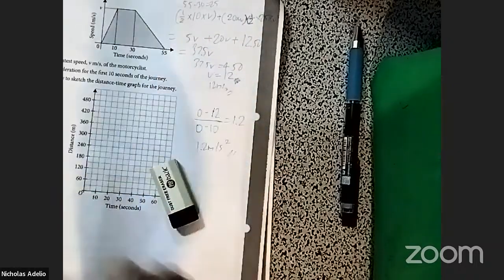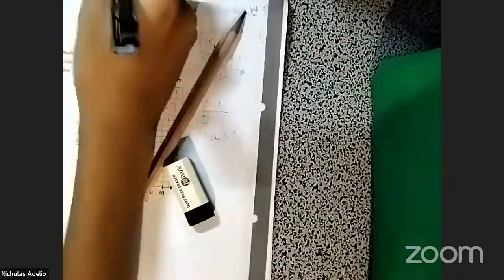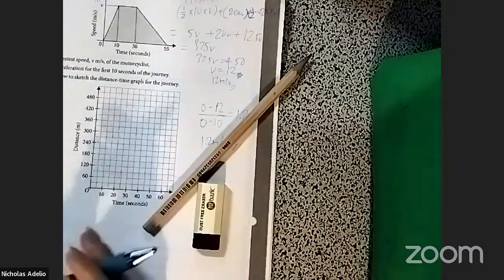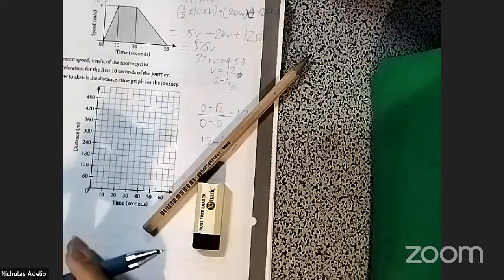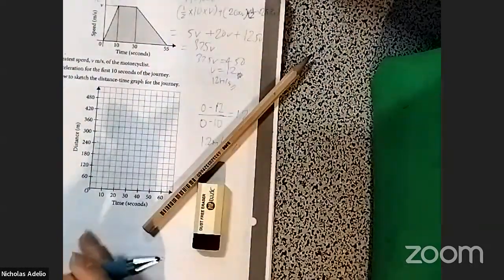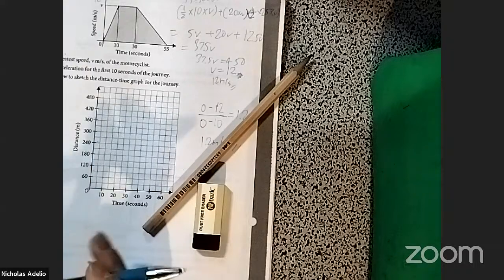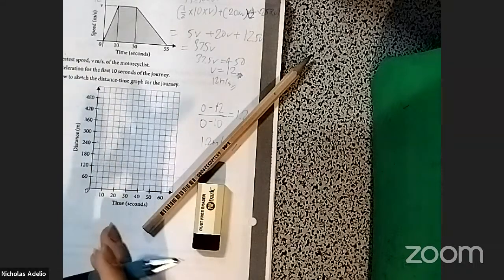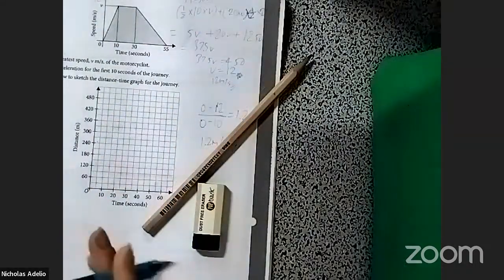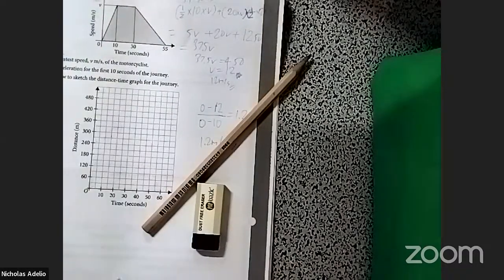The rest of the triangle will be half times 12 times 25, which is 150 meter. And then the first triangle will be half times 10 times 12, which is equal to 60 meter, for a total of 450. 240 and 150, okay?